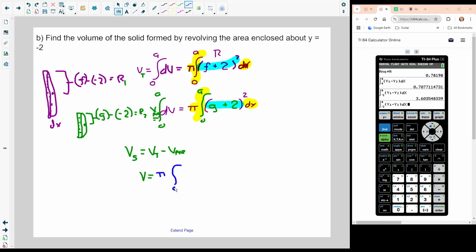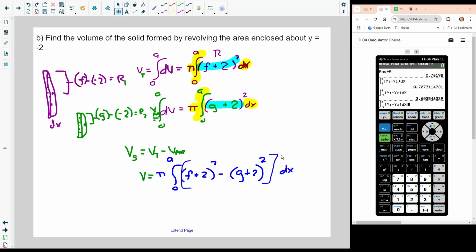So it's 0 to A, and then it's just the two r squareds. So it's F plus 2 squared minus G plus 2 squared. And then, of course, the whole thing is dx, which technically needs a bracket here.